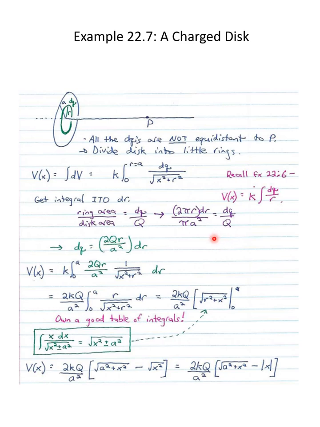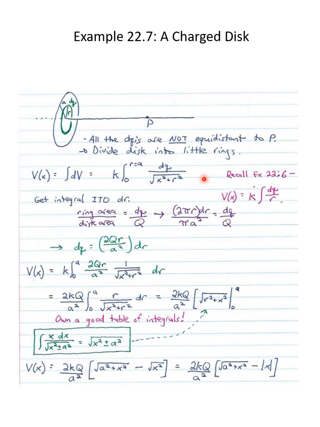That leads us, when we simplify this, the pi's go away, various things divide out, and we're left with dq is 2qr over a squared dr. Perfect. Now we can take that value of dq and plug it into our integral.